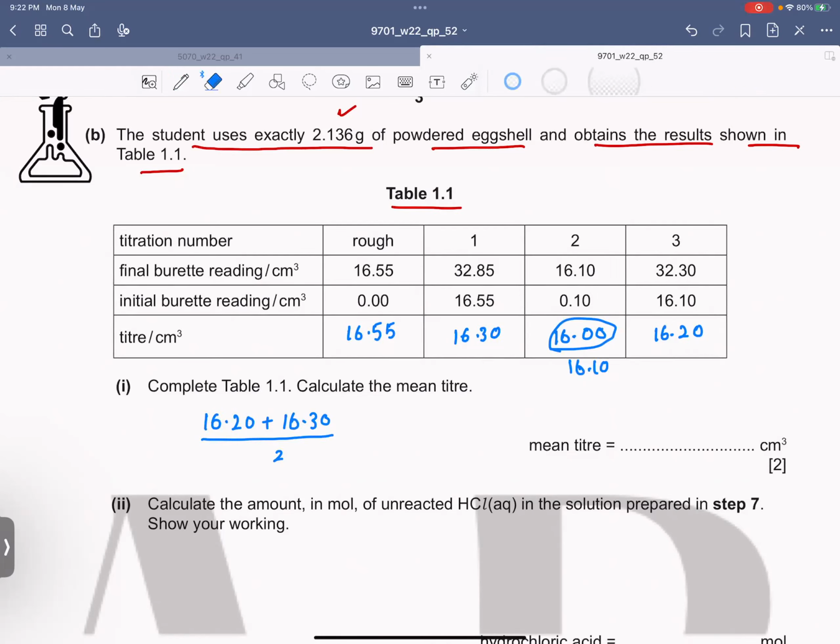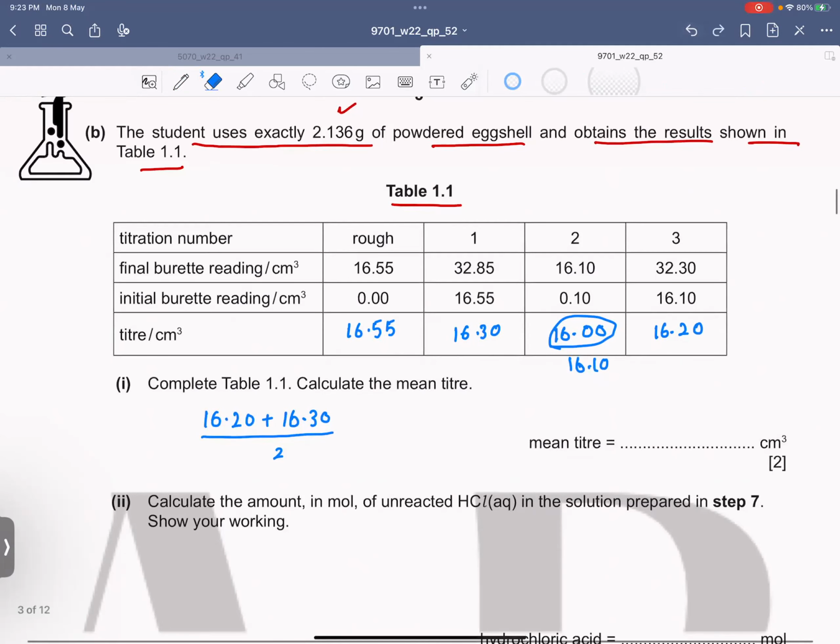can anybody tell me how we could take the mean titer in this case? Yes, Solena, good. We will use all three values. Because these two have a difference of 0.1 and these two have a difference of 0.1, right?